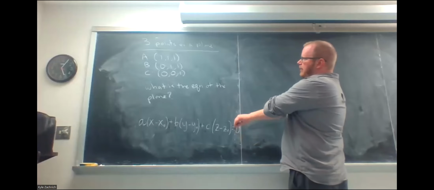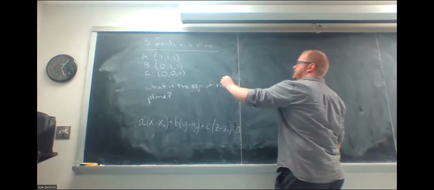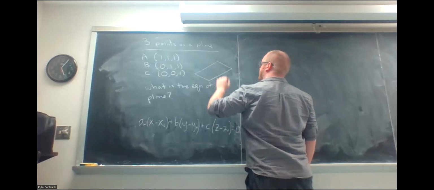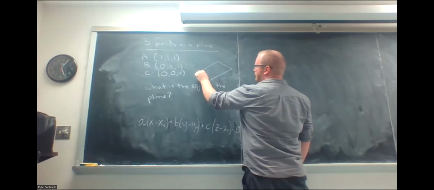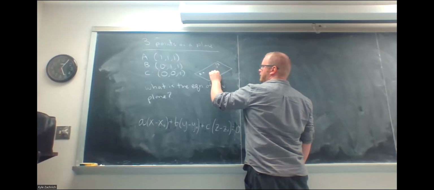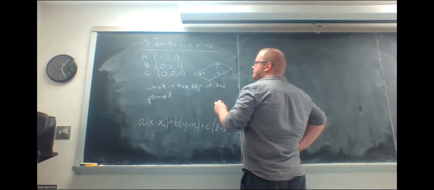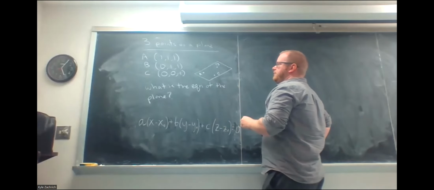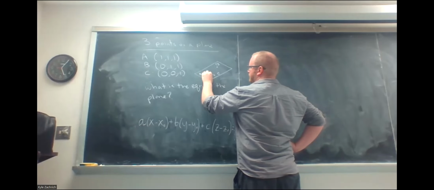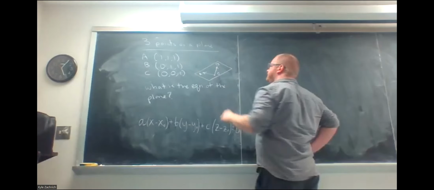So the way to figure out the normal vector using these is to think about what this plane might look like if we drew it out. So here's our plane with 3 points on it, A, B, and C. One trick that we can use is, let's just call it these 2 vectors here, CB and CA.